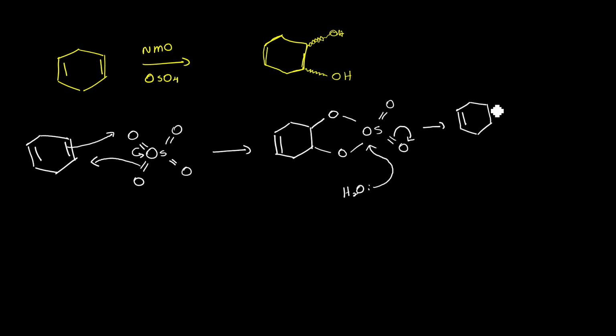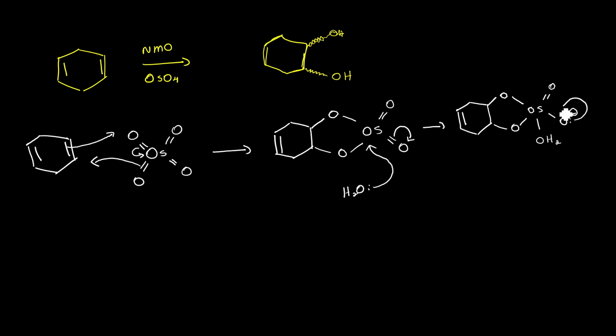Here we have the alkene structure, and we have two oxygens. We have osmium, double bond O, one oxygen. Now it has a negative charge, and we have OH2, right? Now this oxygen here has a lone pair.